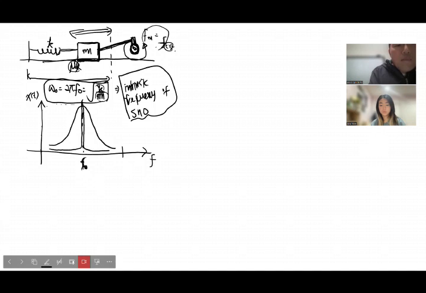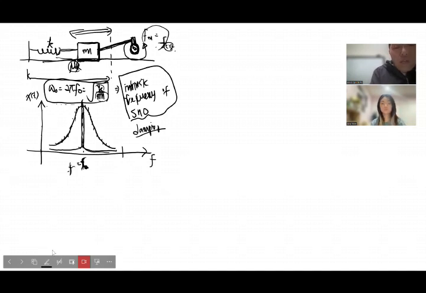If the oscillation frequency is the same as the intrinsic frequency of k and m, there's only one single frequency component. But because of damping from the rough surface, the resonating behavior is broadened over a wider frequency range.